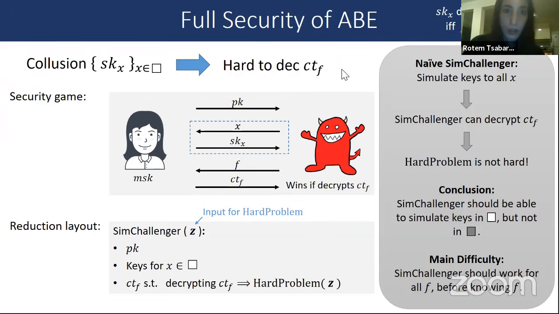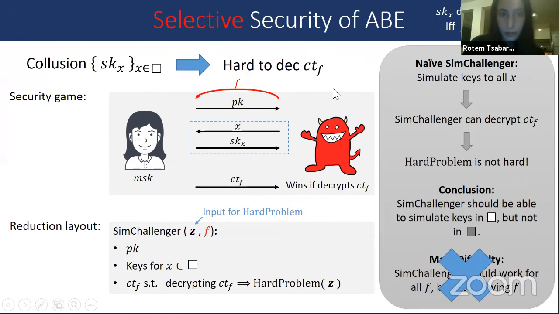Okay. So the first approach to overcome this problem is to simply have an easier security definition, or a weaker security definition. And this is called selective security. In this setting, we require that the adversary announces the function f before the rest of the security game happens.